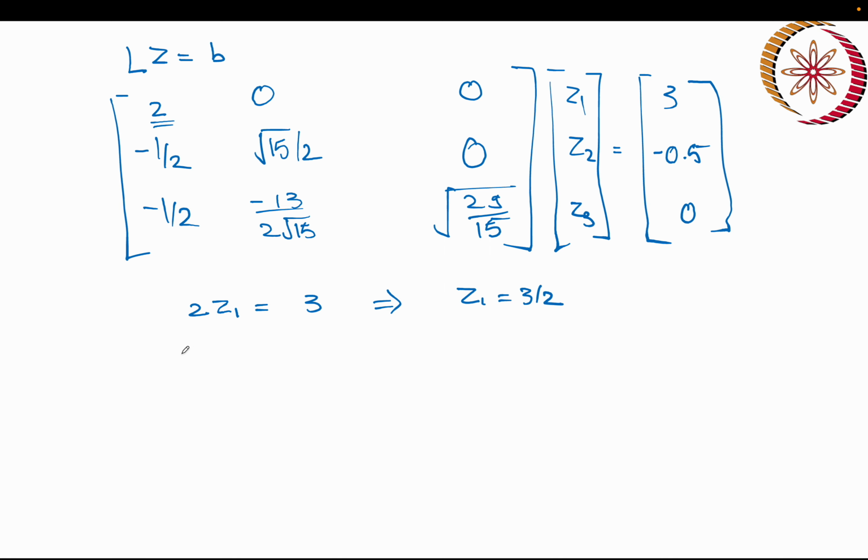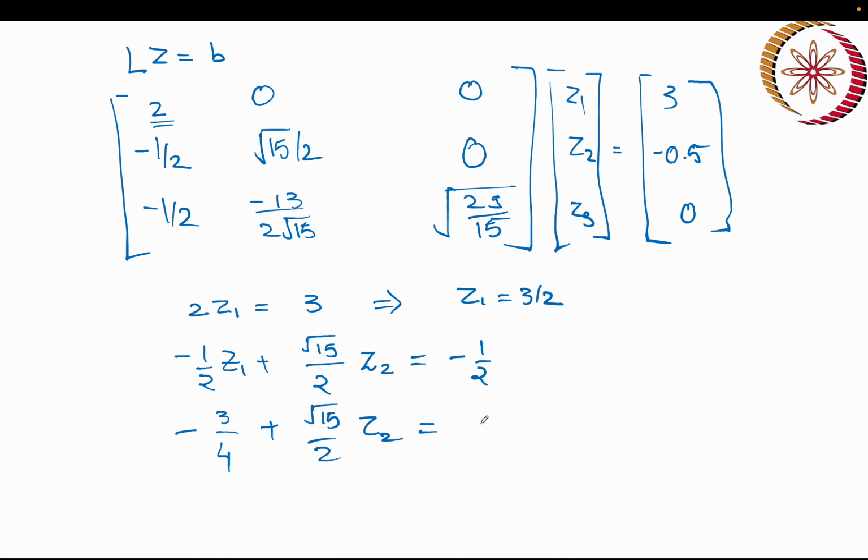Then we'll solve the second equation, which is minus half z1 plus square root of 15 by 2 z2 is equal to minus 0.5, and z1 is 3 by 2, so it will be minus 3 by 4 plus square root of 15 by 2 z2 is equal to minus half.